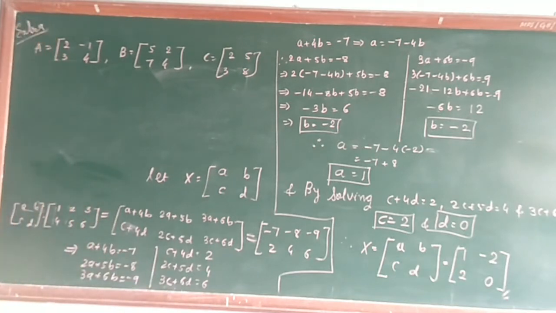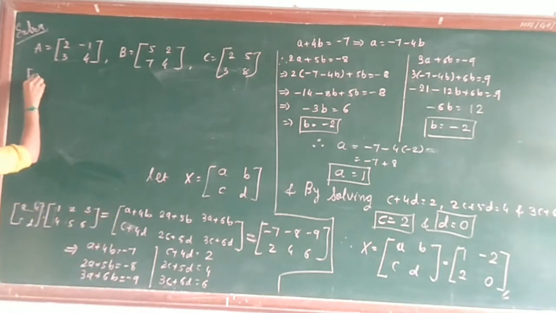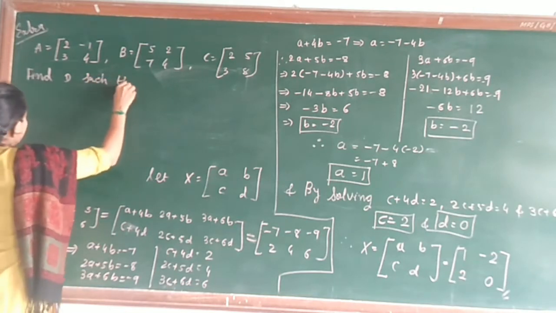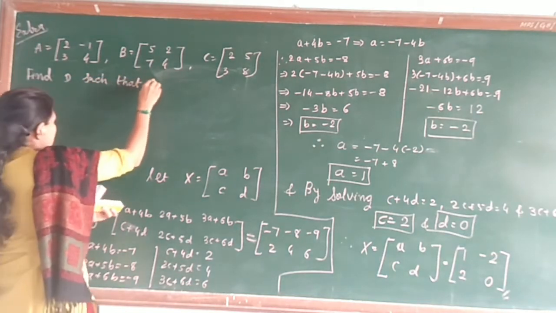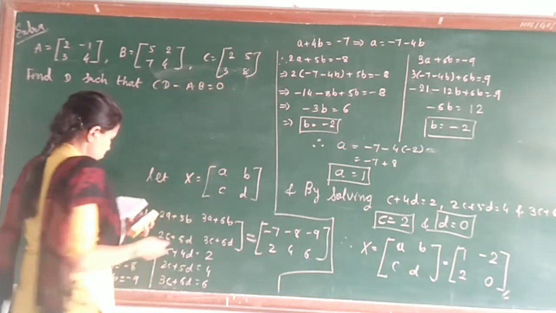This we have to solve in a notebook because it is a similar one. So let me see. Then find the matrix D such that CD minus AB is equal to 0.